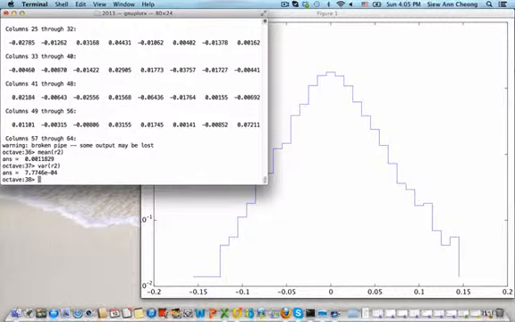So let's say that we call that new variable ff equals exponential of minus, so bin center minus, what else do we have?